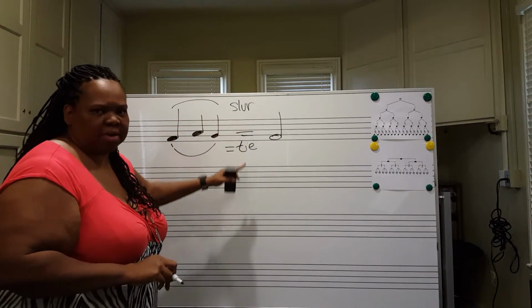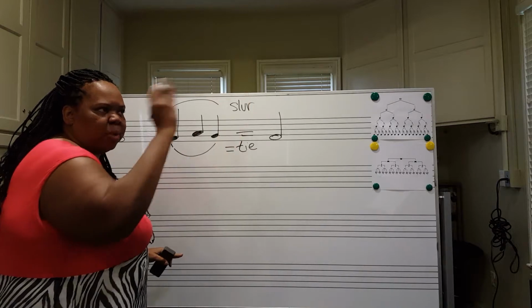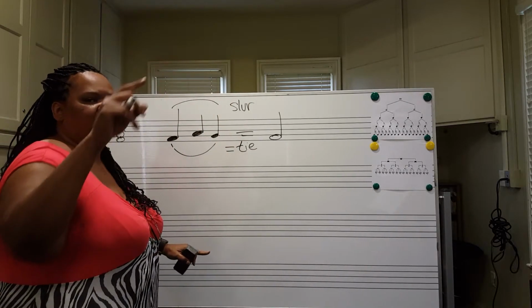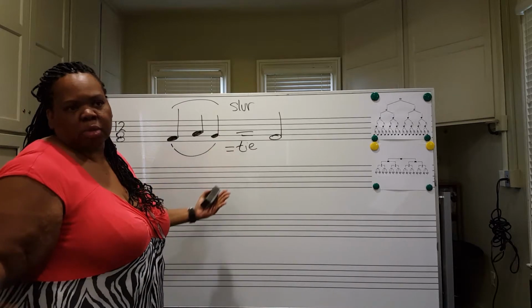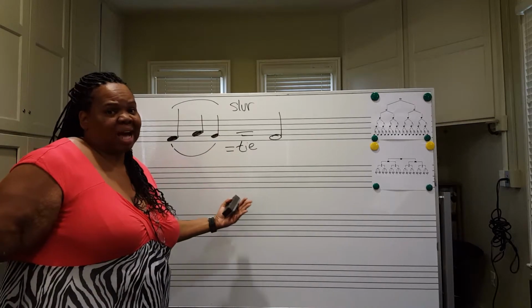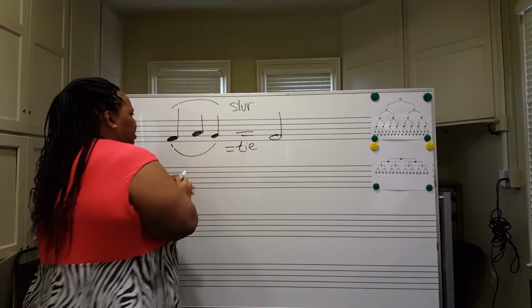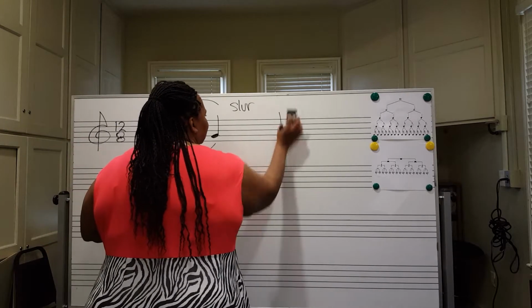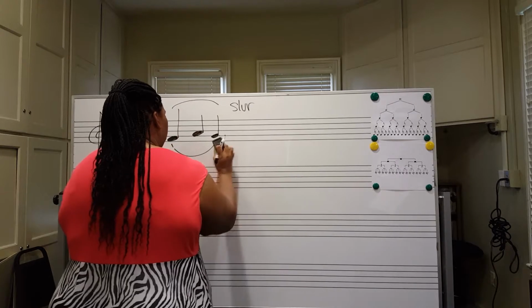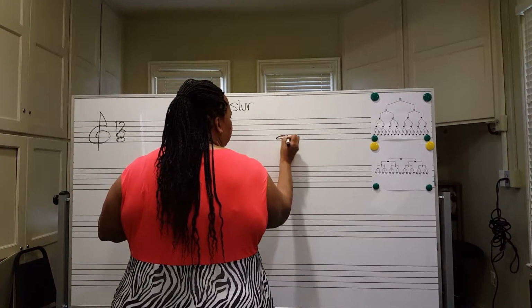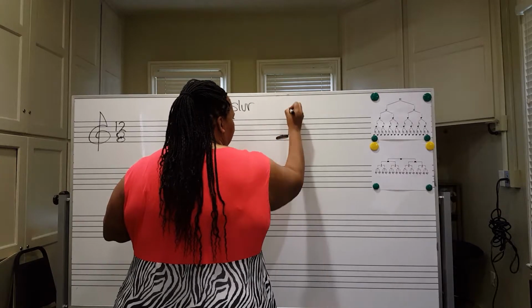It bridges notes together. We would still accentuate each note in a slur. We're just bridging them together to make it more, the word we would use as vocalists, legato. So a tie, let's separate this. So this would be a slur, and this would be a tie.